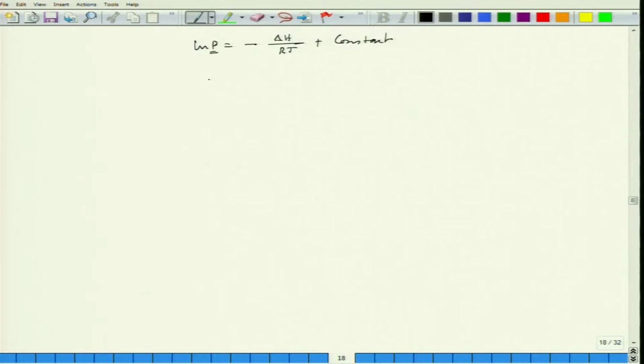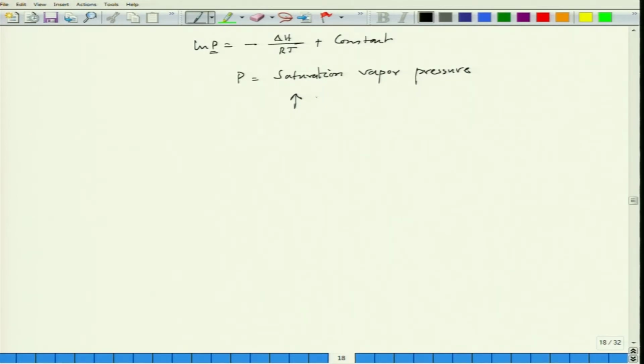Now, we see that this pressure, which is saturation vapor pressure, is increasing exponentially with an increase in temperature.